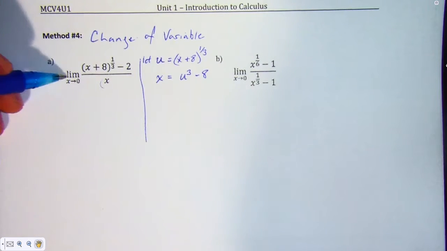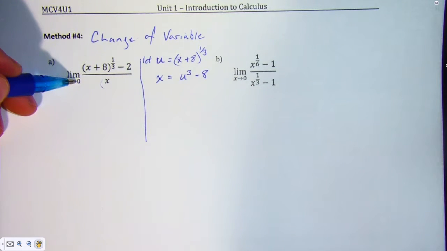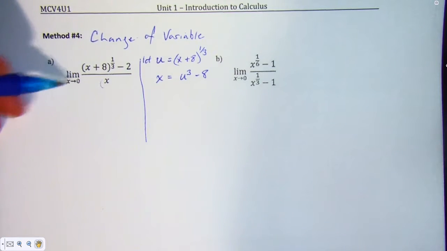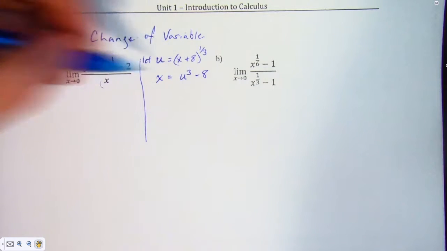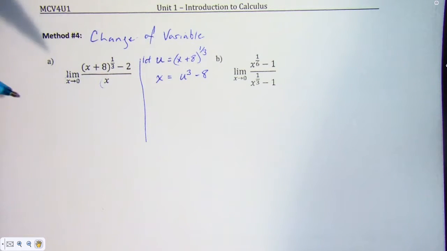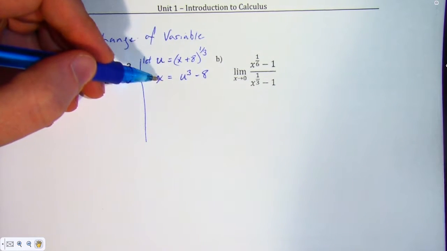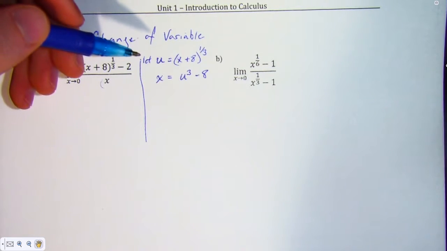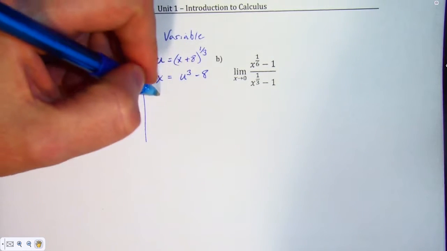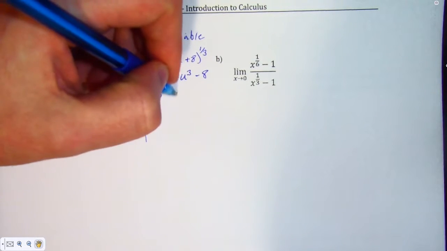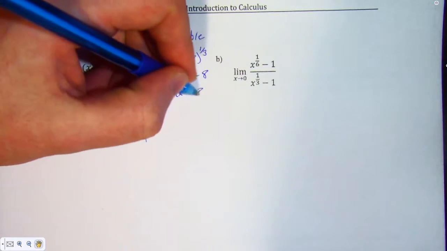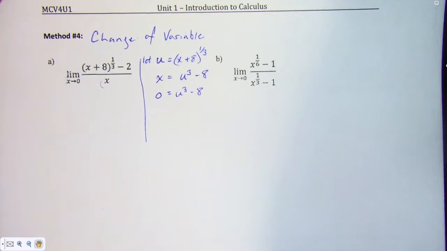So, we've done that. The next part is that we've also got that the limit is as x approaches 0. If x is approaching 0, we have to be able to write that in terms of u. So as x is approaching 0, what is u approaching? What we're going to do is replace your x with the 0 and solve for u.